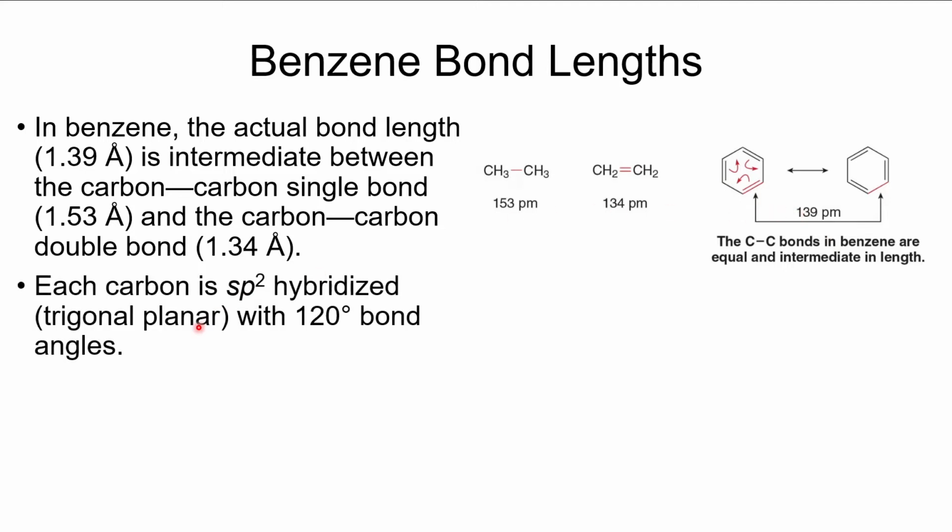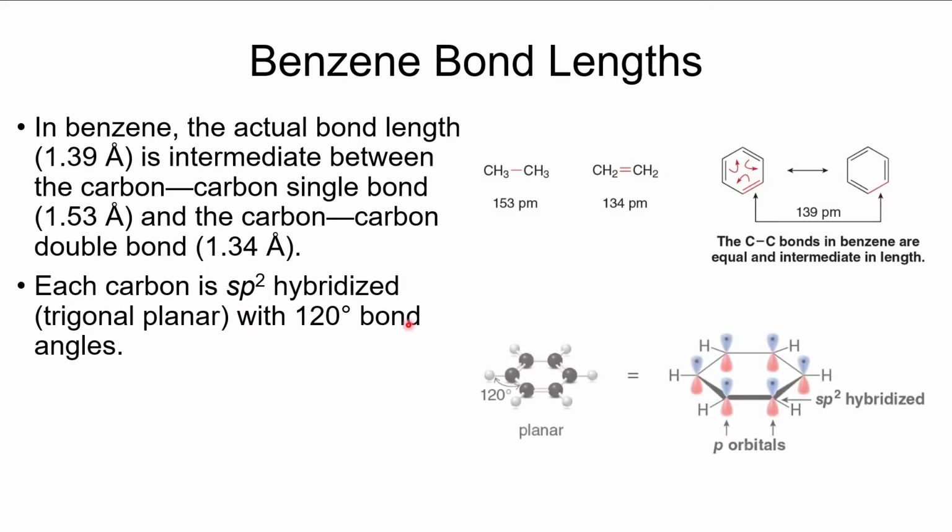We will find that each carbon is sp2 hybridized. It's trigonal planar. That makes sense because there are 3 things connected to it. And all of the bond angles are exactly 120 degrees. So it has this planar structure, 120 degrees, sp2 hybridized, which means that the sigma bonds between the carbons are represented by the overlap of an sp2 orbital on each carbon.